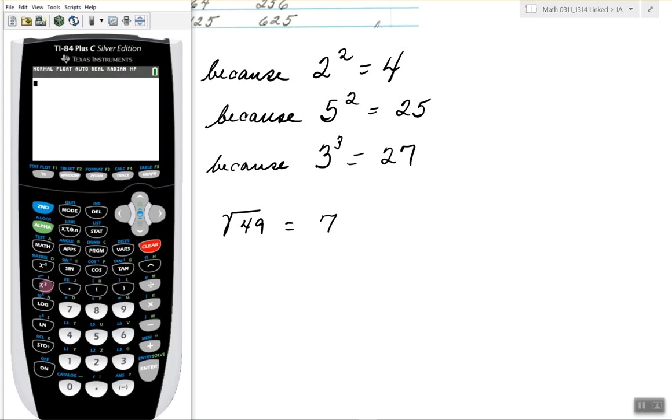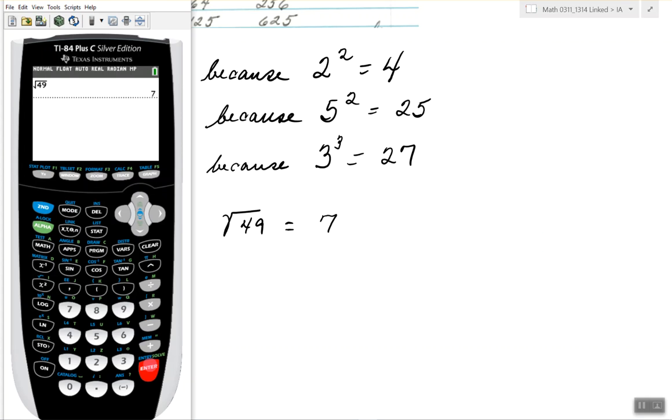So if I want to take the square root of something, I have to press second, then the square root key. I get a radical. Let's say I'm taking the square root of 49. If for some reason I need to get out of the radical, I would push the right arrow key. But if that's all you're doing, you don't have to worry about getting out of it. Press enter. And the square root of 49 is 7.